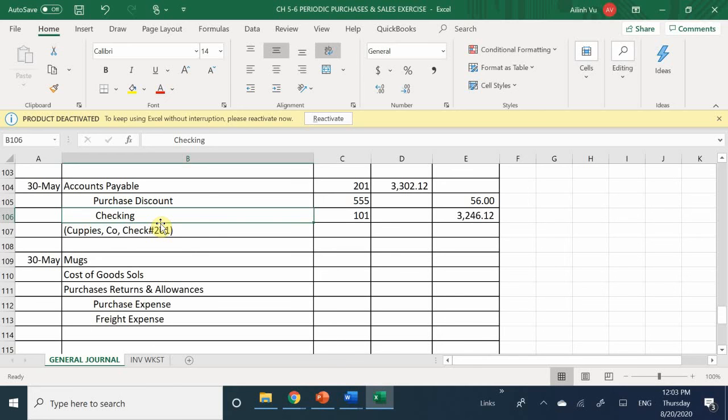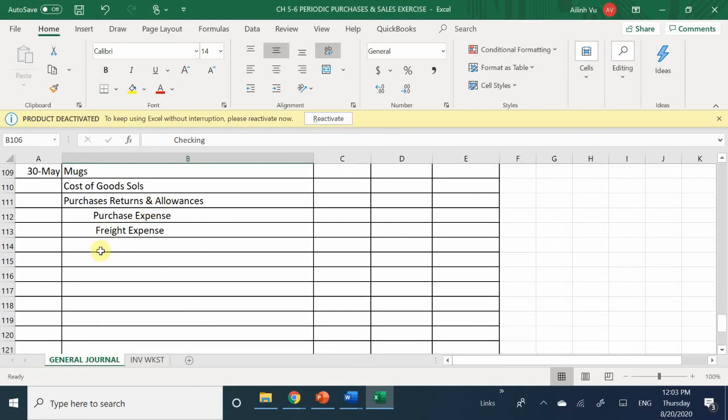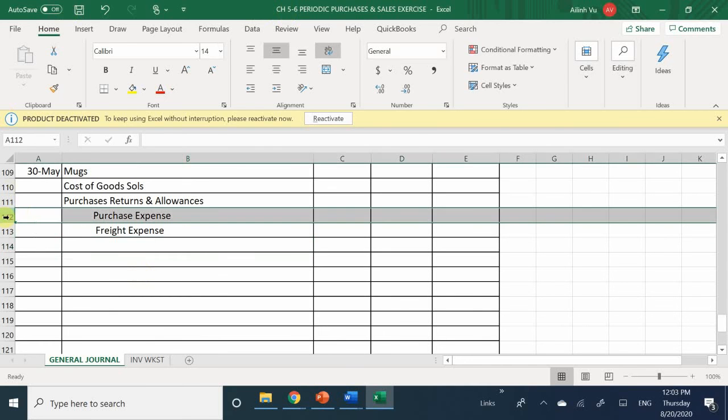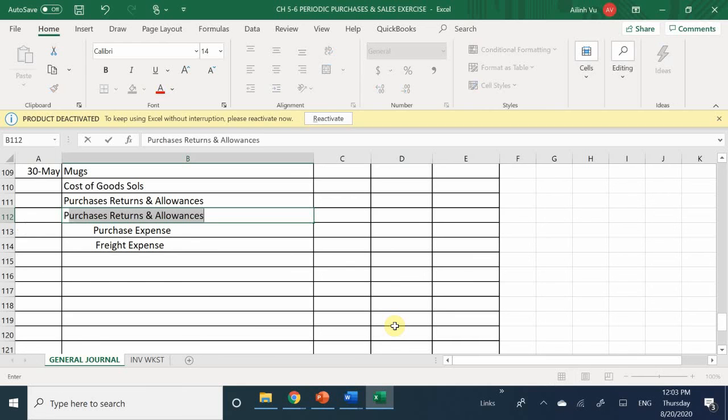Okay. It would be the correct way of looking at it. So this is what it's supposed to look like. And that's why we need to include the purchase discounts here. Actually, not here. We put the purchase discounts up here because up there it's a debit and it's supposed to be a credit.